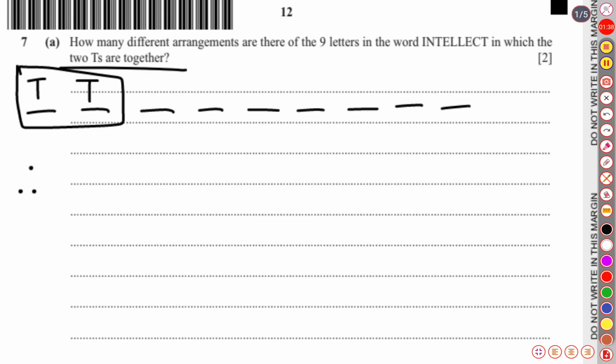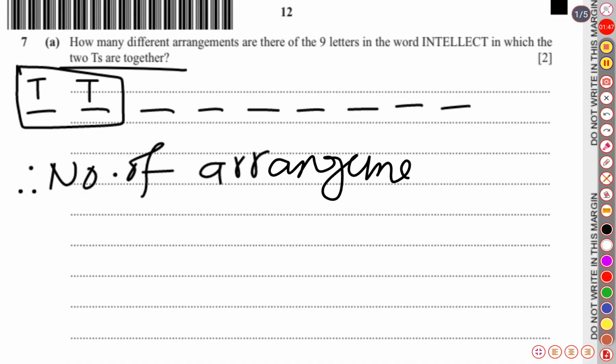So we can write number of arrangements equal to, so if we suppose both the T's are 1 unit, then there are total 8 different letters. So for these 8 letters, 8 factorial ways they can be arranged. After that we will have to divide by the identical letters.